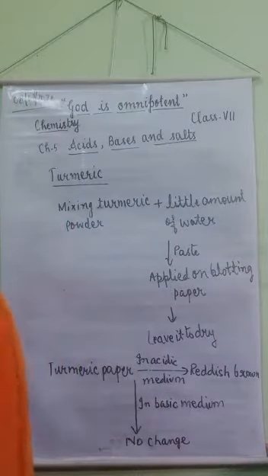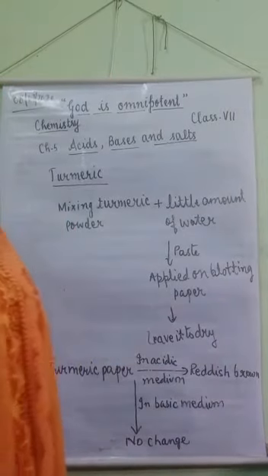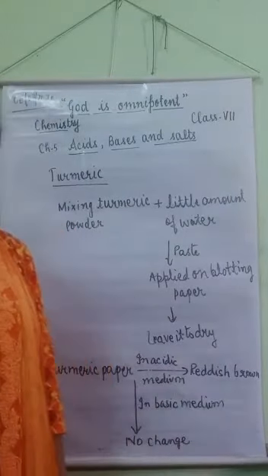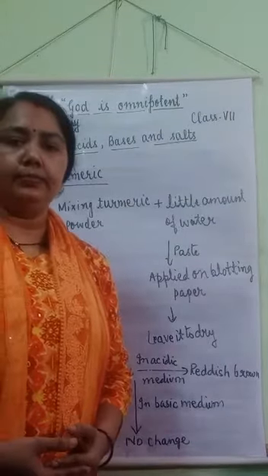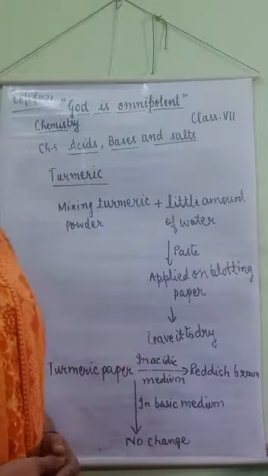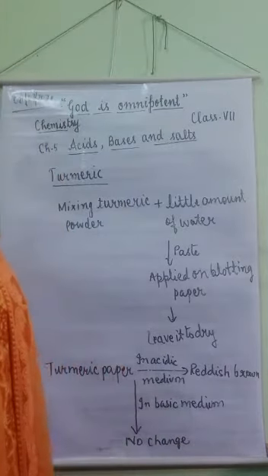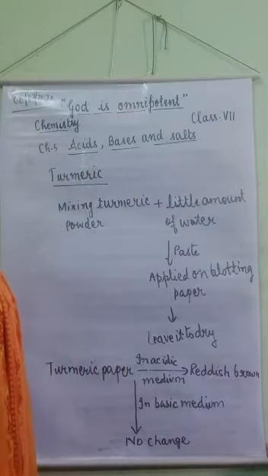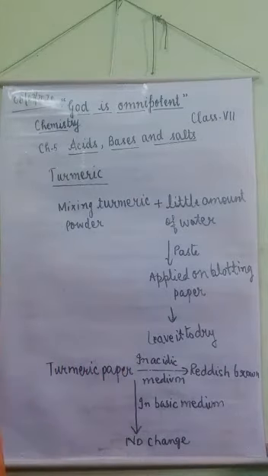Next is turmeric. How can we use turmeric as an indicator? You know that turmeric is a yellow powder which is used in vegetables and other food items. Now how can we prepare turmeric indicator?